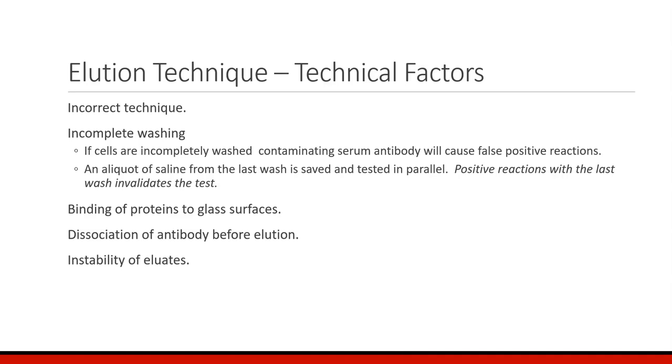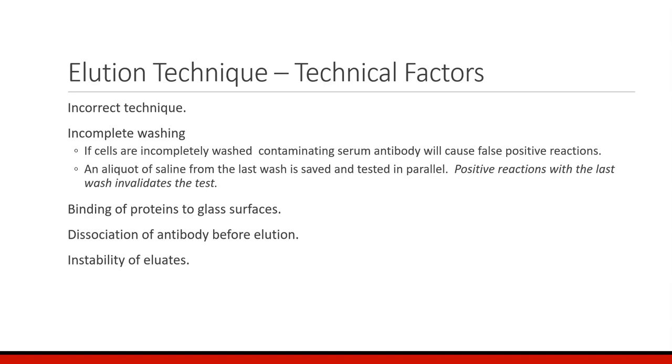And I will repeat this story again later on, but I had a patient that had such a strong auto that I washed her cells the number of times. Then I tested the last wash and the eluate. Her last wash was 4+. Did that have to do with me and my technique? Absolutely not. It's just the titer of her antibody was so incredibly high.